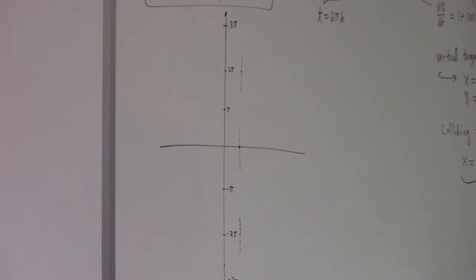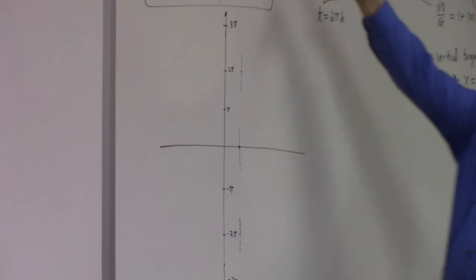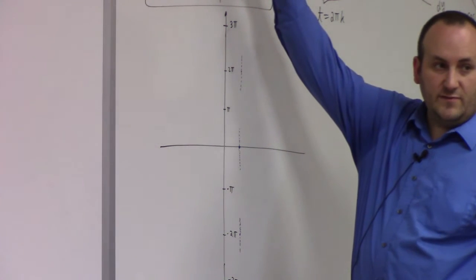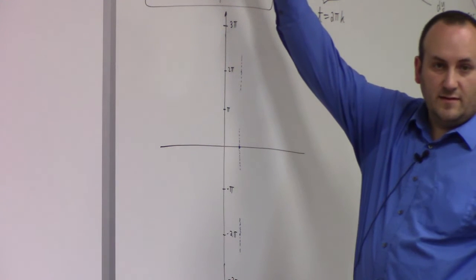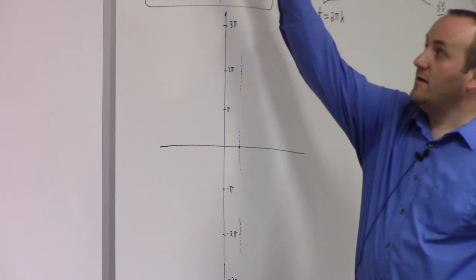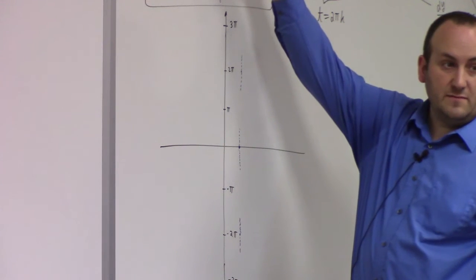Possible cusp in the graph where? Odd pi, right? So if we put t equals pi, where's that? Notice if you have an odd integer multiple of pi, like pi, 3 pi, 5 pi, minus 5 pi, all of those have cosine as minus 1.